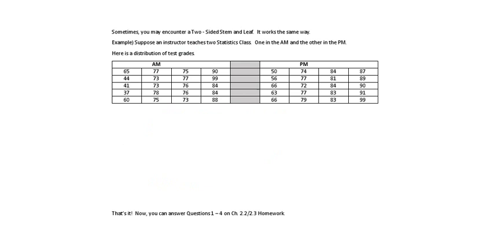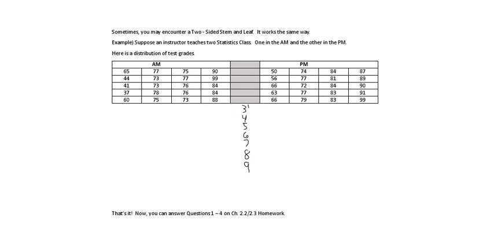Okay, so I'm going to do the same thing, but watch what I'm going to do. I'm going to write it in the middle. So I'm going to write 3 for the 30s, 4 for 40s, 5 for 50s, 6 for 60s, 7 for 70s, 8 for 80s, and 9 for 90s.